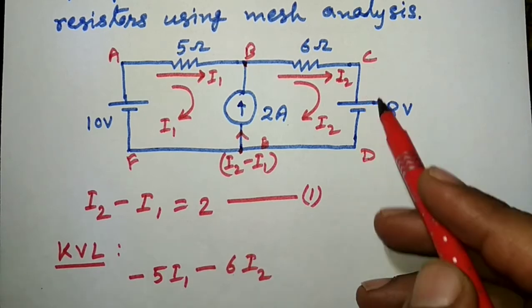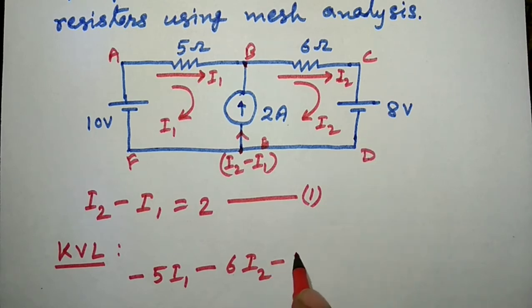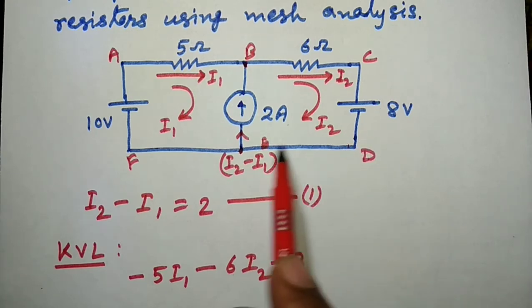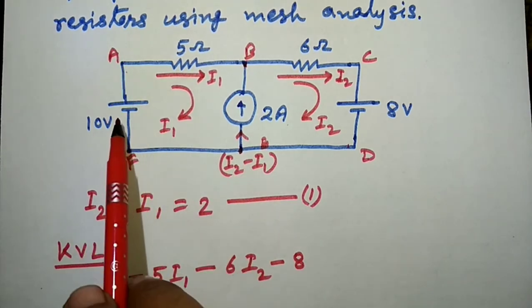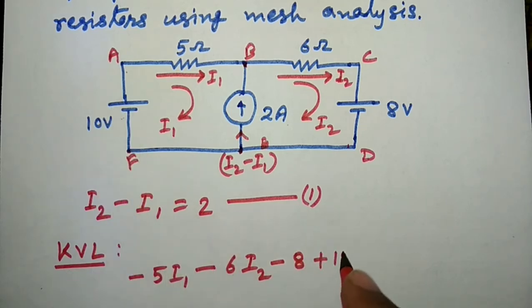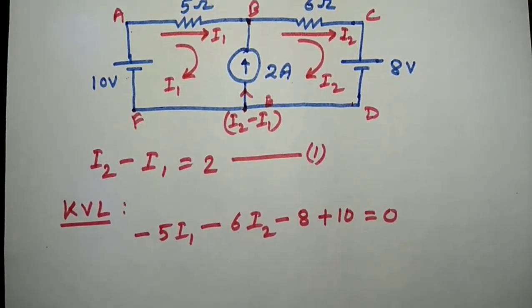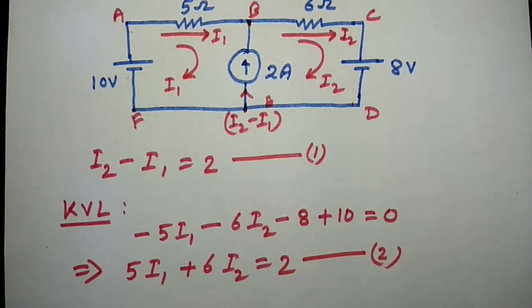From C to D, the voltage source, positive to negative terminal, so it will be minus 8. From D to E to F, and then from F to A, the voltage source, negative to positive side, so it will be plus 10 and it will be equal to 0. After simplification, this equation will become 5I1 plus 6I2 equal to 2. Equation 2.